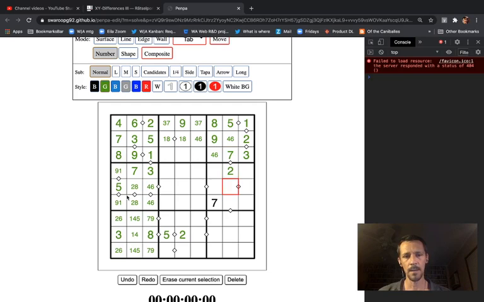Okay. With the 7 here and the 7 here, we know that there's a 7 in the middle of box 5, row 5 of box 5. The 7, however, cannot be here because it would have to be followed by a 2, and then we've got two 2's in here. So one of these two cells is a 7. If the 7 is here, it would have to have a 2 in this spot, which is impossible.